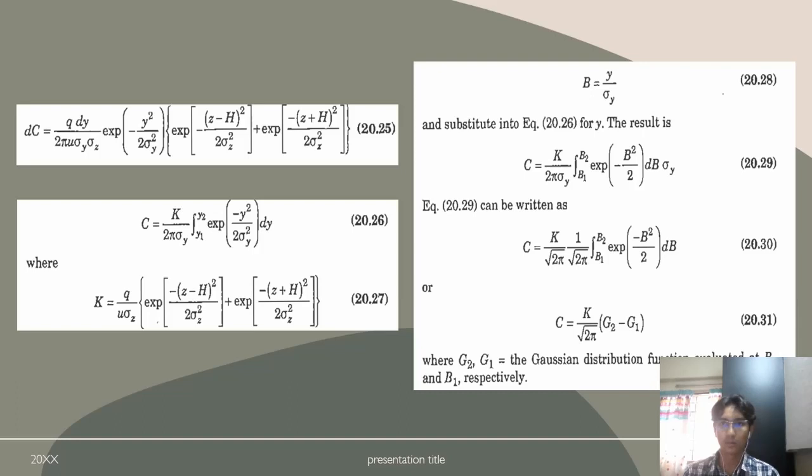Now equation 20.28 describes y over sigma y as b, and by substituting into equation 20.26 for y, we get equation 20.29. On the other hand, equation 20.29 can also be written as equation 20.30 or equation 20.31, where g2 and g1 equal the Gaussian distribution function evaluated at b2 and b1 respectively.